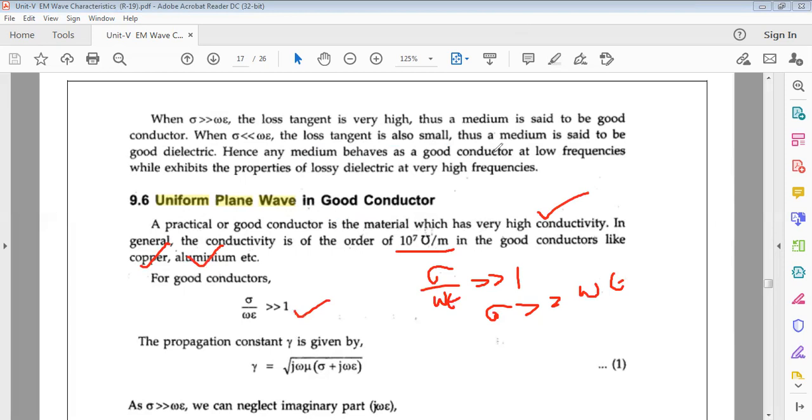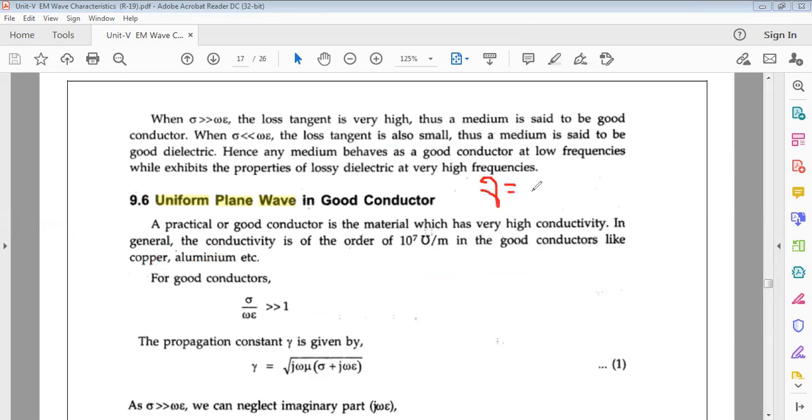The propagation constant gamma is equal to, we know, under root of j omega mu into sigma plus j omega epsilon. As it is a good conductor, the conductivity is very high.